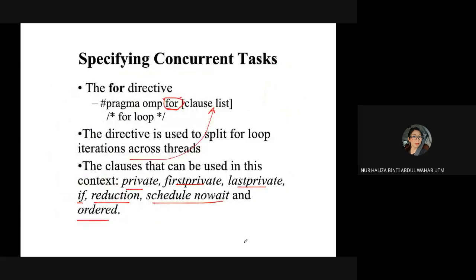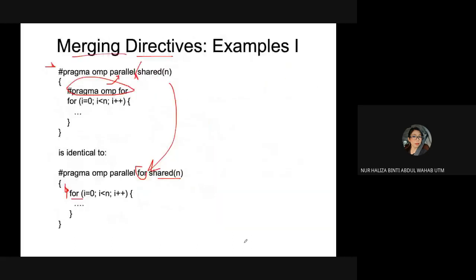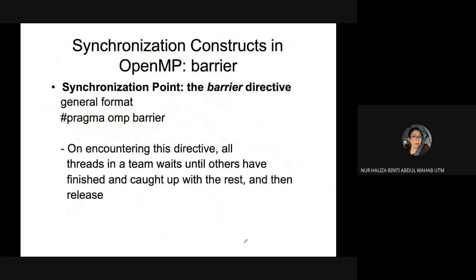You have taken a look at several examples, and now you're going to look at synchronization constructs in OpenMP: barrier. So what is a synchronization point under the barrier directive? The general format of the barrier directive is like this: pragma omp barrier.